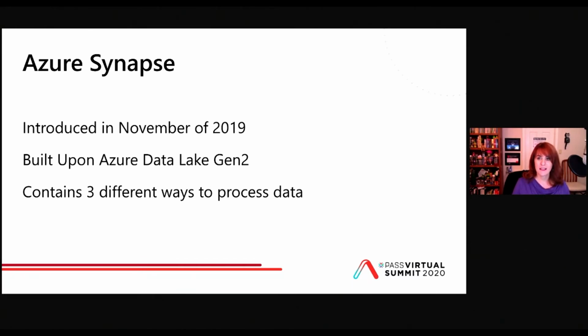And I said 3 ways, that's one. The next way you can process your data is that Synapse includes T-SQL on top of your data lake. What that means is you have the ability to query your data lake as if it was a database. Yes, you do have to structure it a little bit for that because you need to put your columns on top of it, put the schema on read. You can also directly connect to a Cosmos DB database.